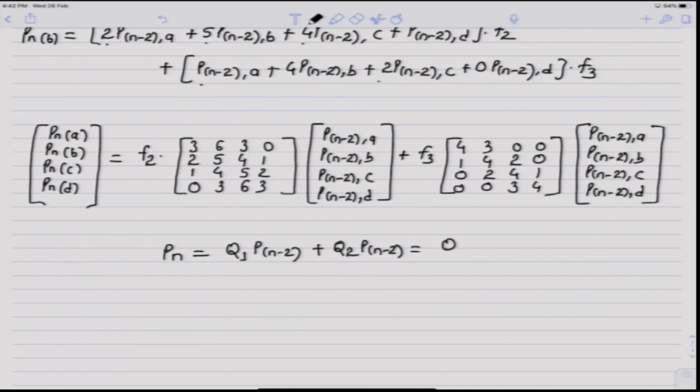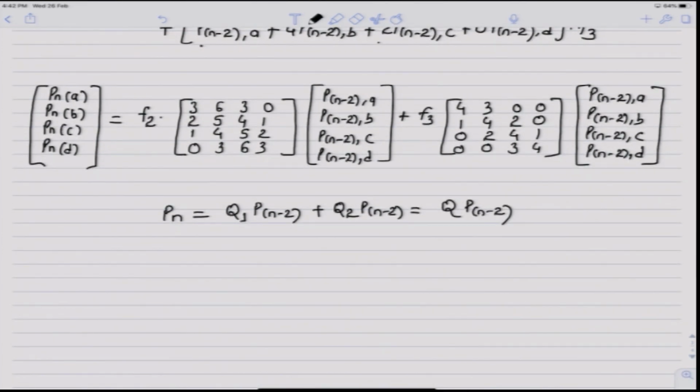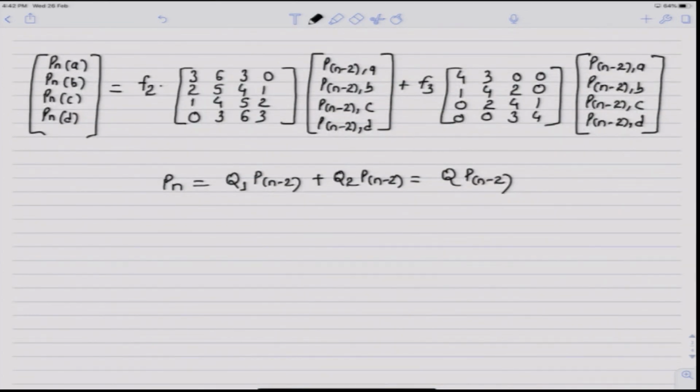So, which would be Q times P n minus 2, where Q is Q1 plus Q2 and Q1 is F2 times 3, 6, 3, 0, 2, 5, 4, 1, 1, 4, 5, 2, 6, 3.